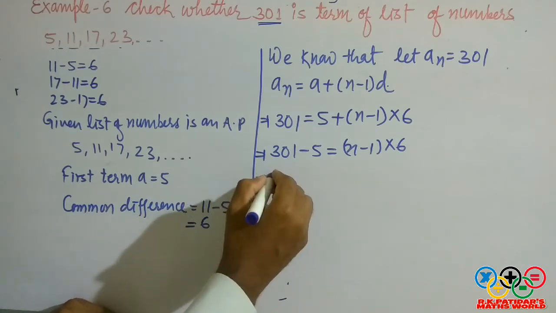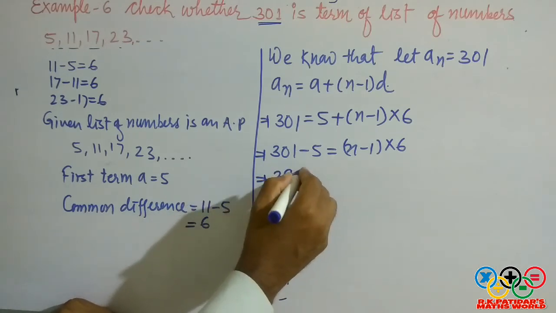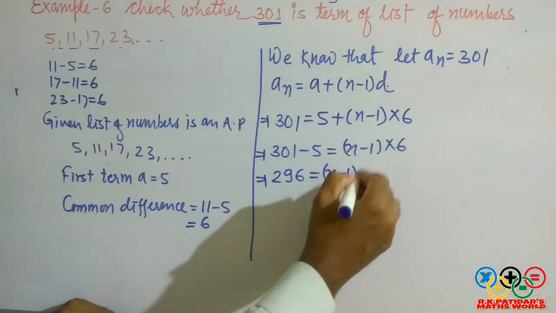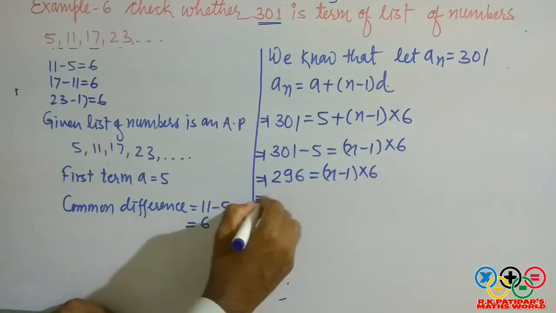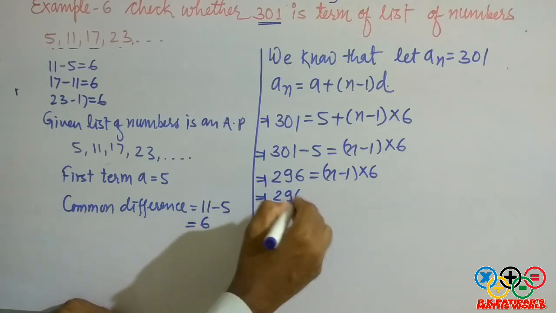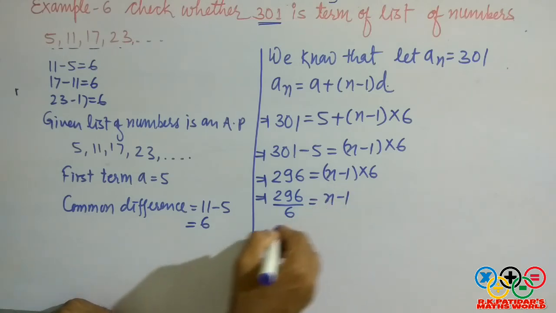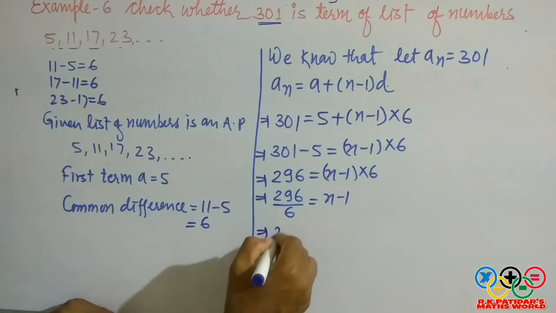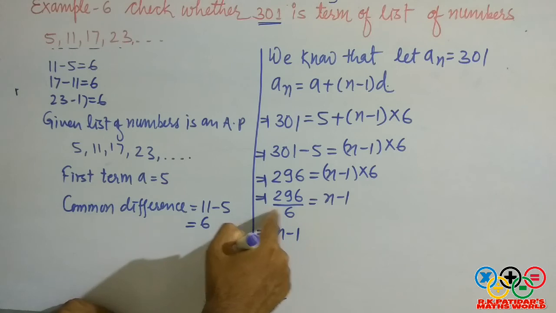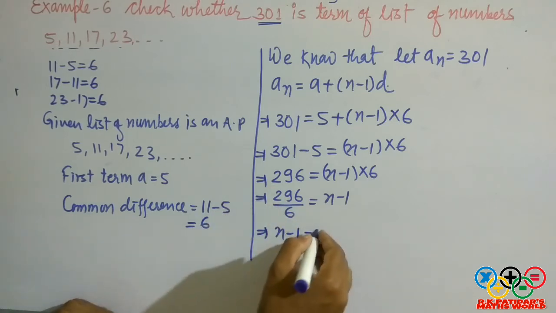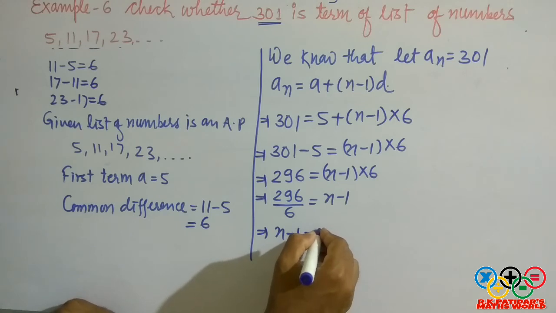Subtract it, you will get 296 is equal to n minus 1 into 6. 296 divided by 6 is equal to n minus 1. n minus 1 is equal to, divided by 6, you will get 6 4 ja 24.